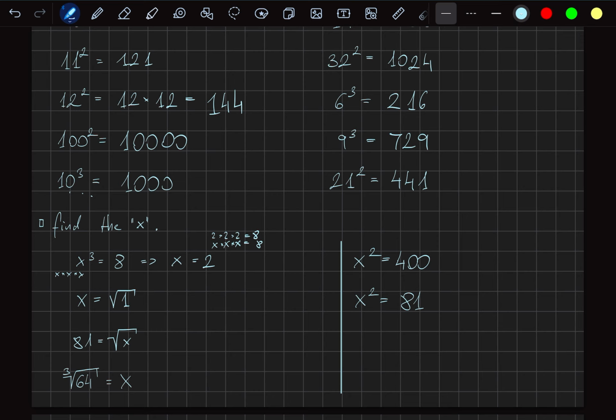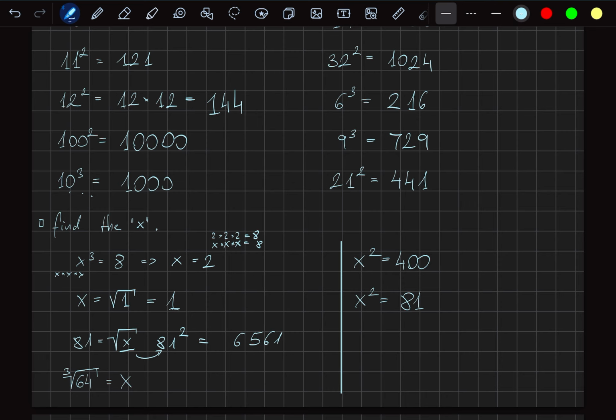What is the number that will give the value of 1 under the square root? It will be the 1. Okay, so something under the square root equals 81. It will be 81 on the second power. Okay, so this x needs to be the 81 on the second power. I will calculate the value with the calculator. 81 on the second power, 6561.